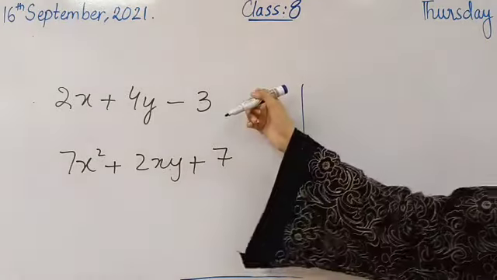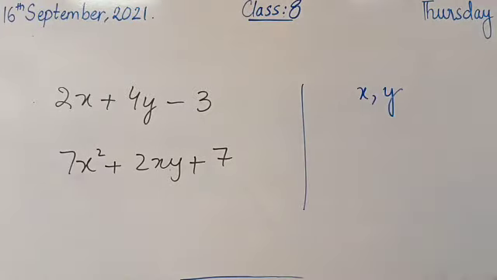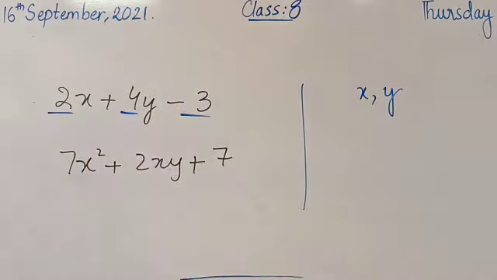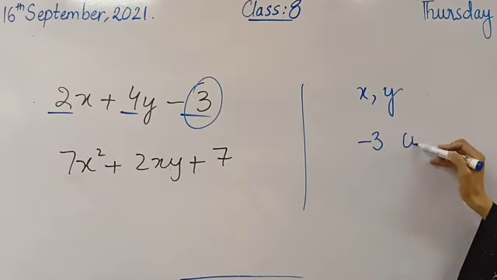There are two variables used in this expression. The first one is x and the other is y. Now what about the constants? 2, 4 and minus 3, are they constants? No. A constant is the only number, which is 3. So minus 3 is the constant.